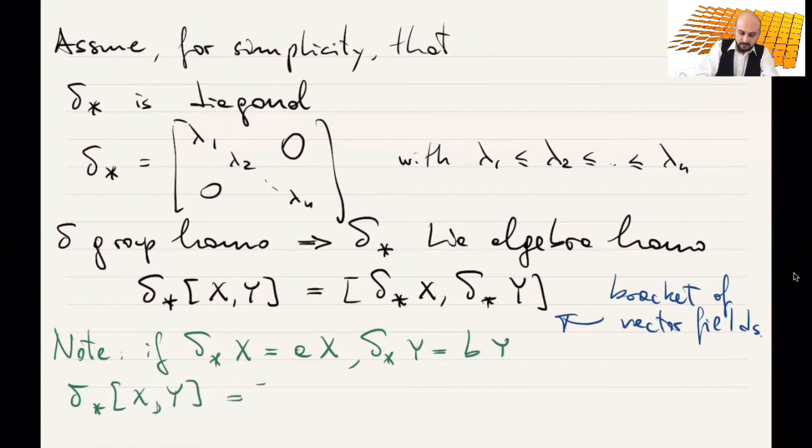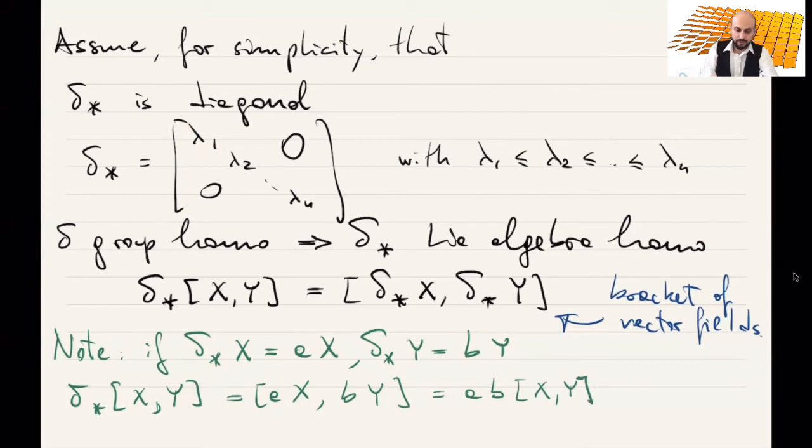This is because of this formula here. This is a x, b y, and therefore this is a times b times the bracket of x and y.